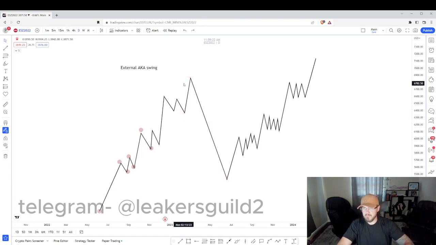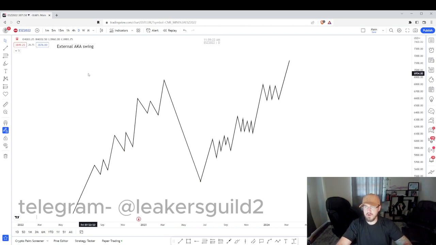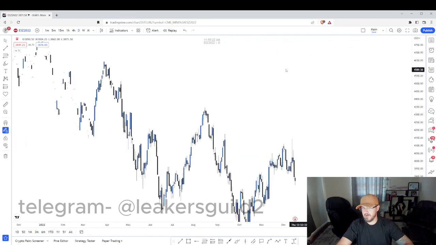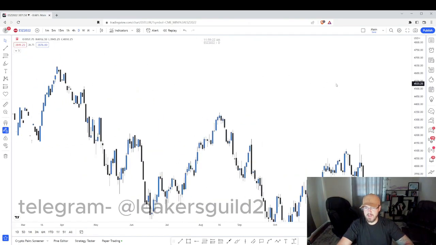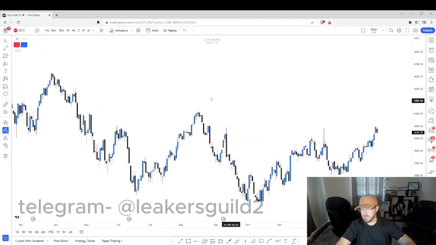So whenever we're looking at external structure, it's very important to look at what a relative swing looks like. So we'll just take a look at price over here. So for instance, let's go on the actual chart.